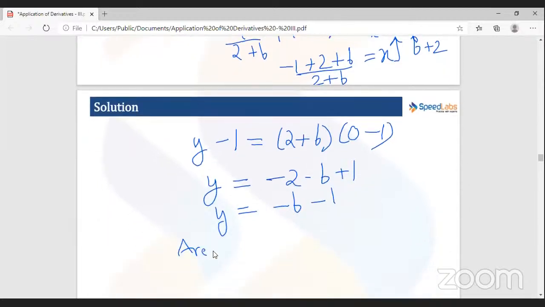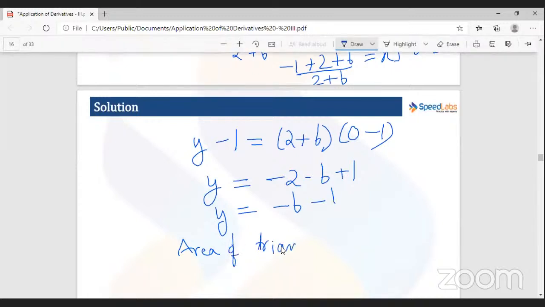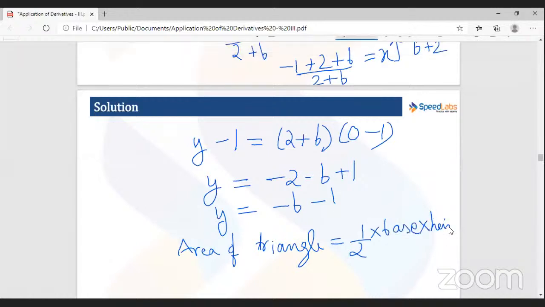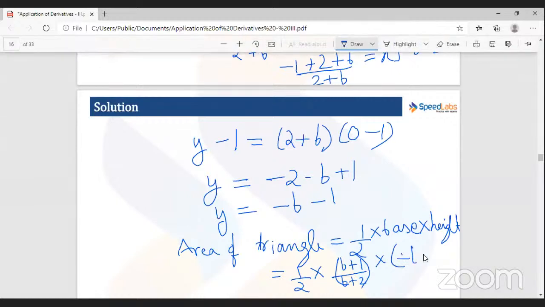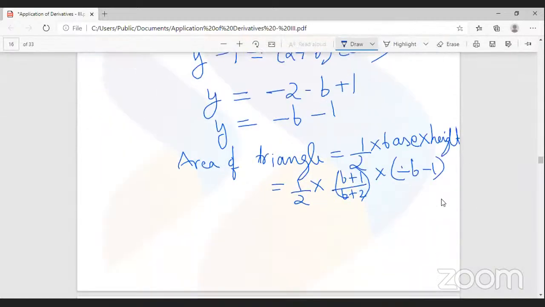So now the area of triangle equal to half into base into height. So it is half into (b plus 1) upon (b plus 2) into (minus b minus 1). So this is minus half (b plus 1) whole square upon (b plus 2).